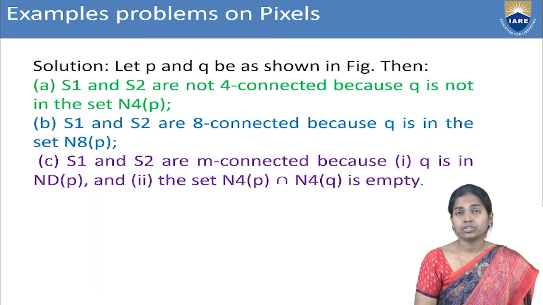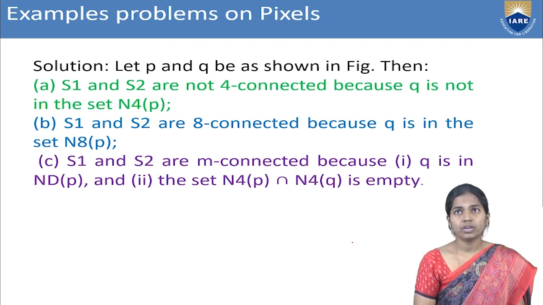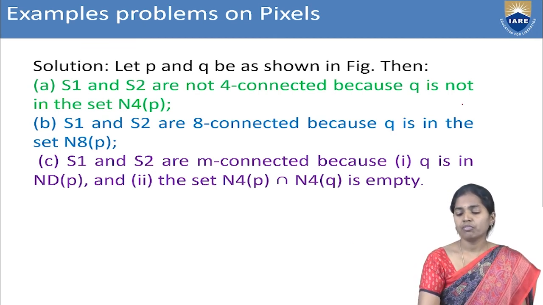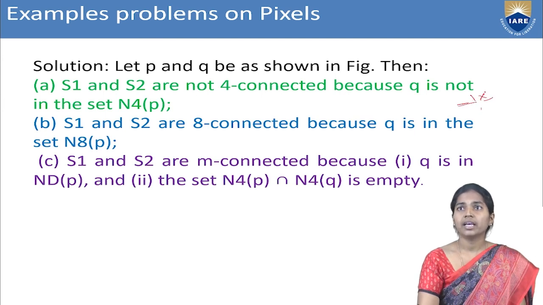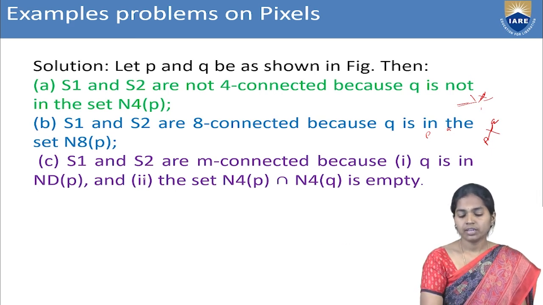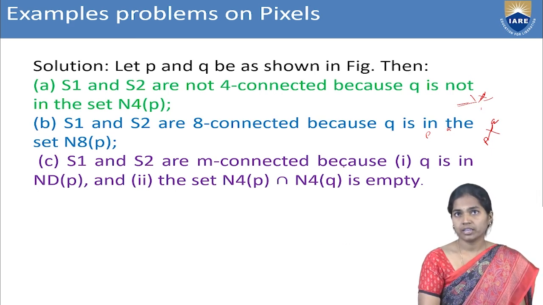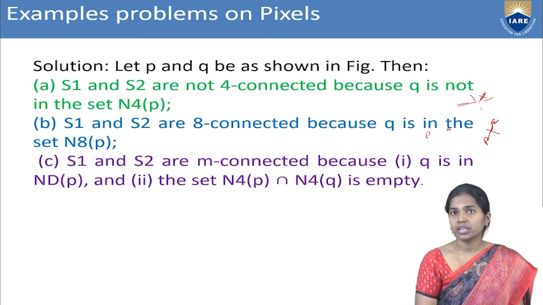In this solution, S1 and S2 are not 4 connected because Q is not in the set N4 of P. N4 of P means we consider only top, bottom, left, right, not diagonal. But P and Q are in diagonal form, so this path does not exist.